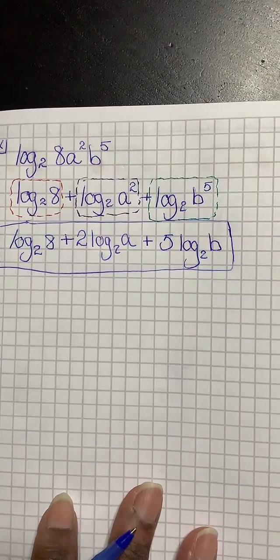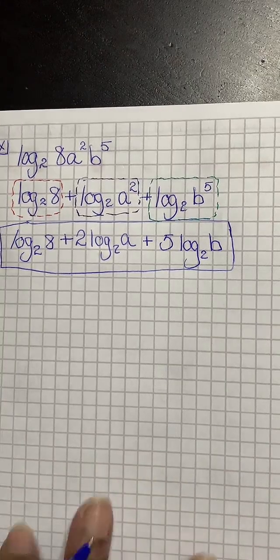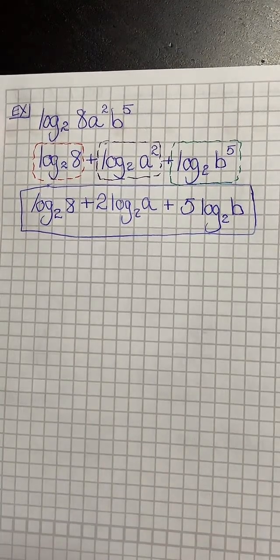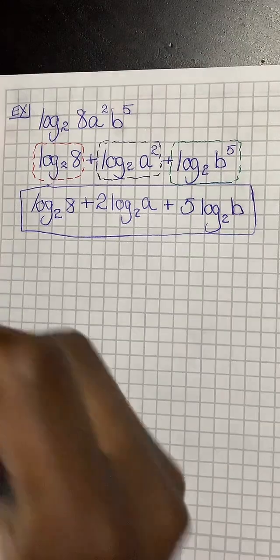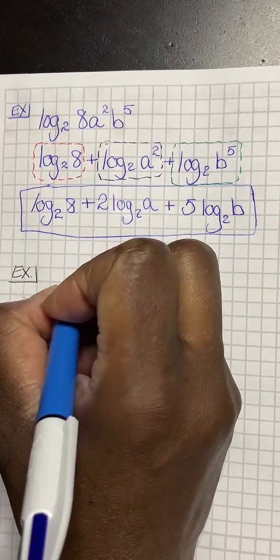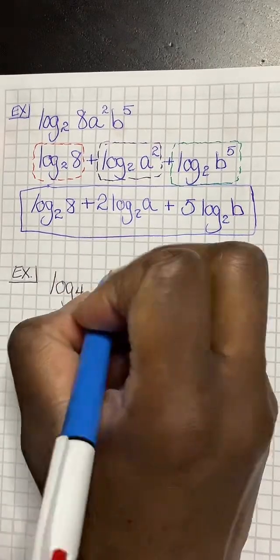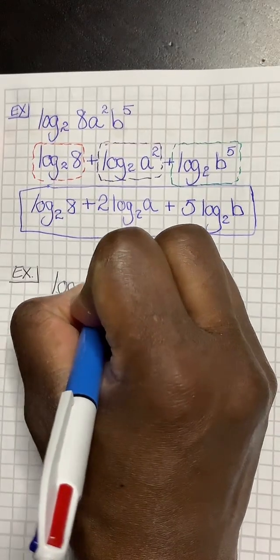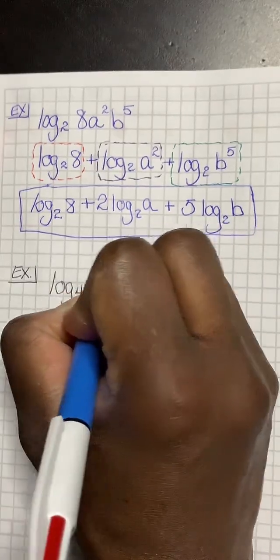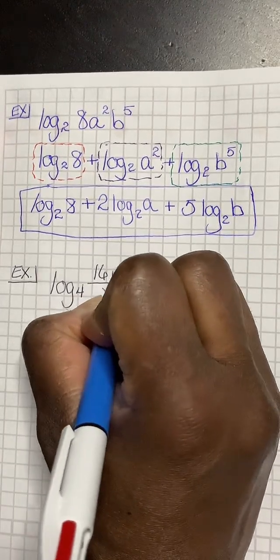All right, so let's try this one. So we have log base 4 of 16w cubed over x to the 6th.